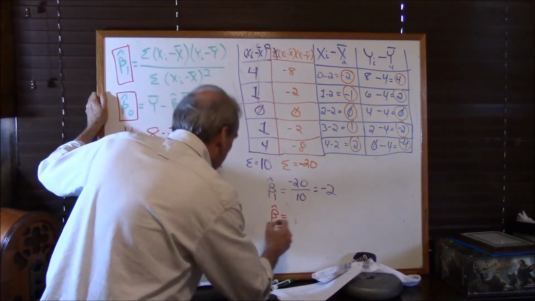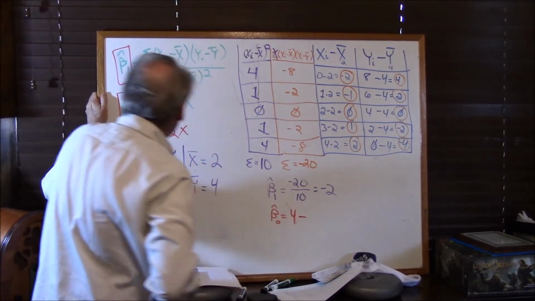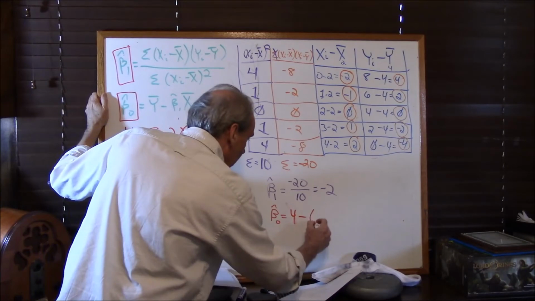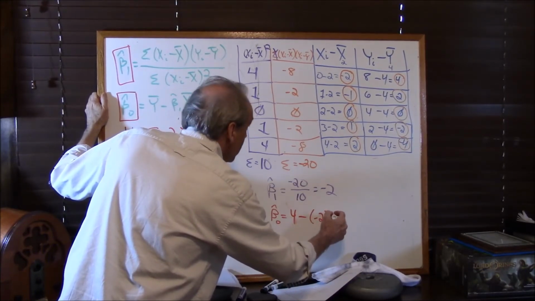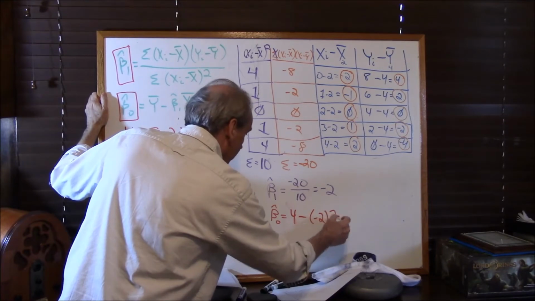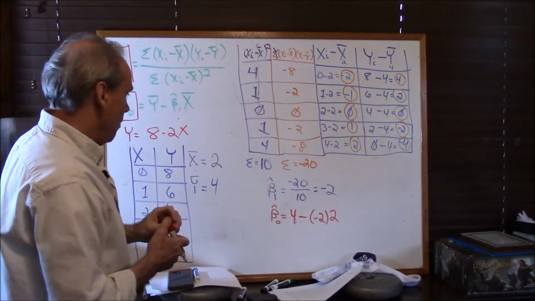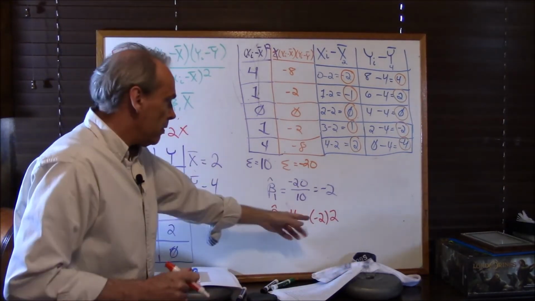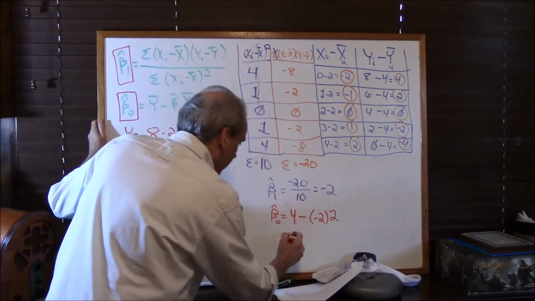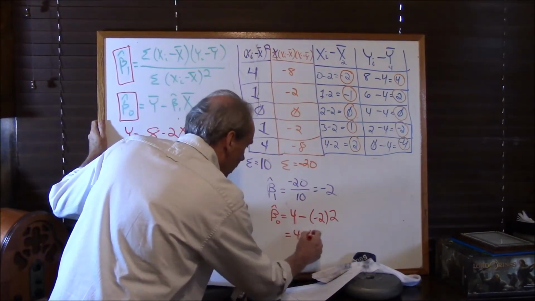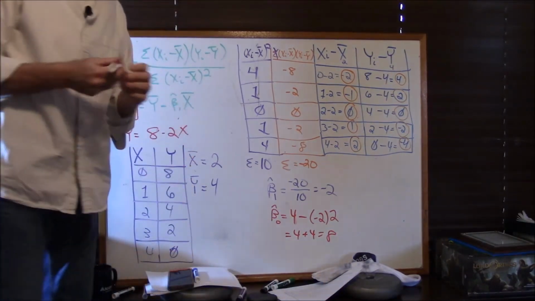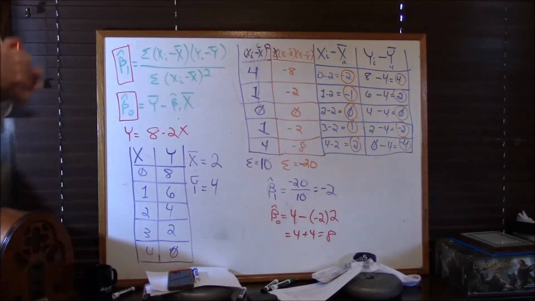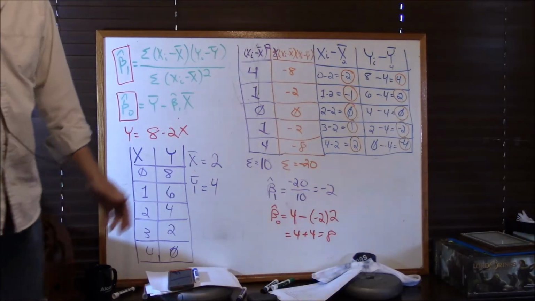So the average y was 4 minus a negative 2 times the average x, which was what, 2? Yeah. So what we end up with is negative times a negative, of course, going to be positive. It's going to be 4 plus 4 equals 8, which is exactly what the intercept was. So that is how this technique works, all right?